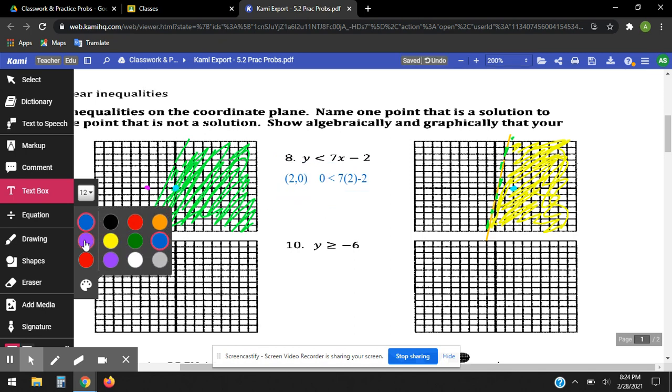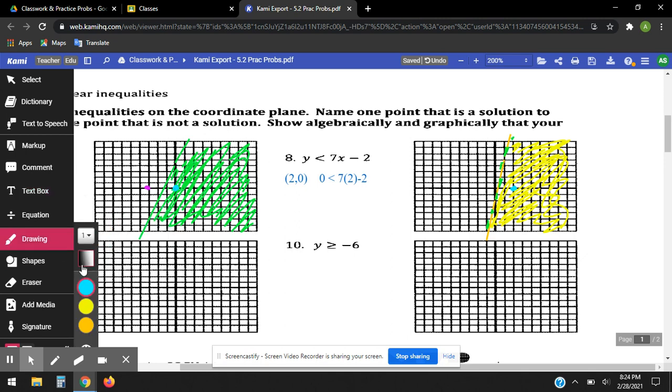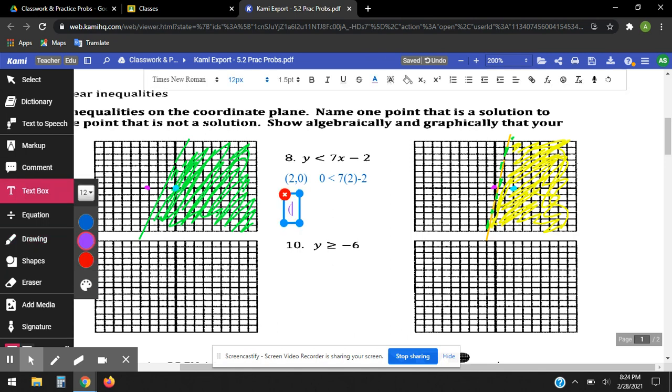Now let's find a spot on there that is not a solution. So in this case, 0, 0 should not be a solution, right? Because we did not go through it. So let's try 0, 0 as our non-solution. 0 comma 0.